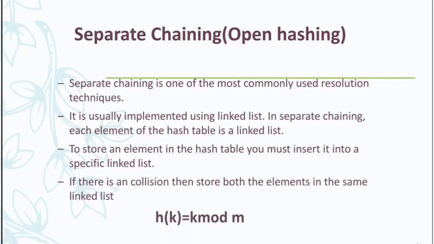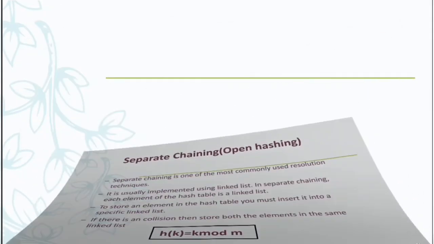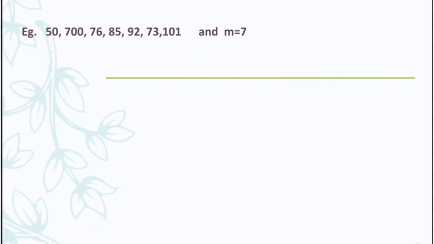The hash function for separate chaining is h of k equals k mod m, where k is the key and m is the size of the array. So let us see this separate chaining with an example.